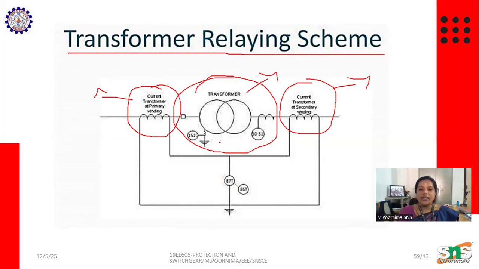The type of relay used here is a differential relay. Both current transformers sense the current. In abnormal conditions, these two currents will have a difference. When the difference in current occurs, the signal goes to the operating relay, and the relay trips the circuit breaker. This is the basic operation of transformer protection.